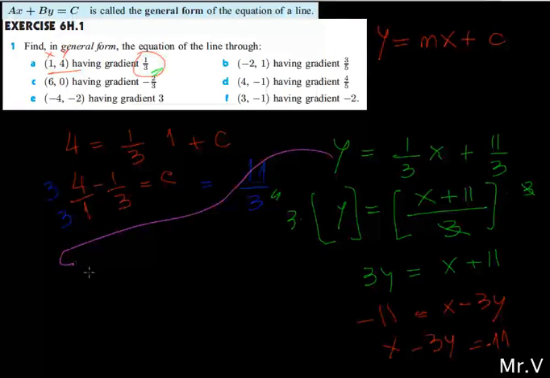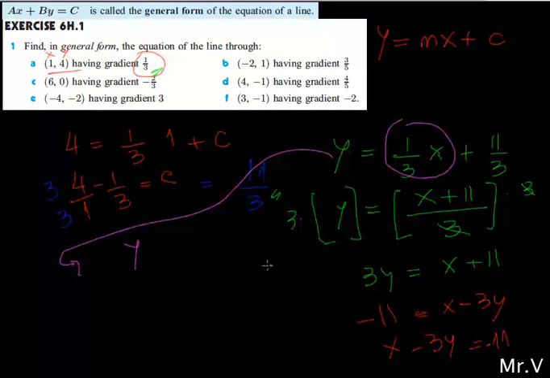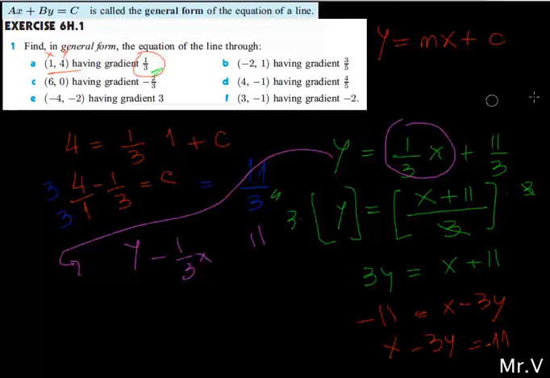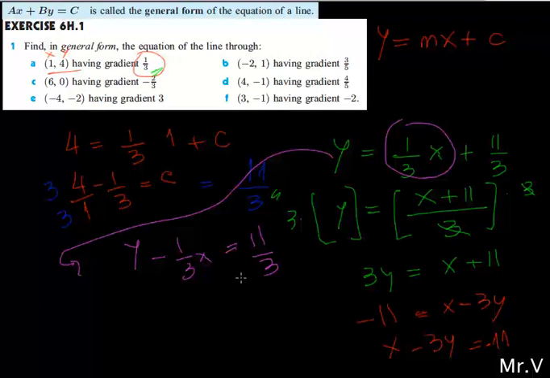So I'm going to go with the second way. The second way is just to quickly move this term that has x to the other side. So 1/3 x plus y equals, sorry, mistake, equals 11/3.